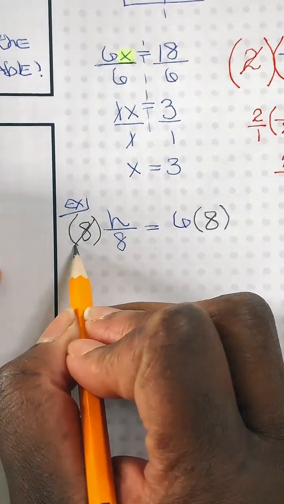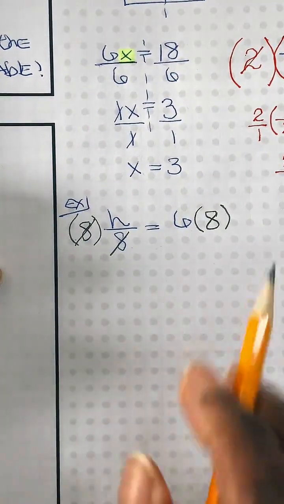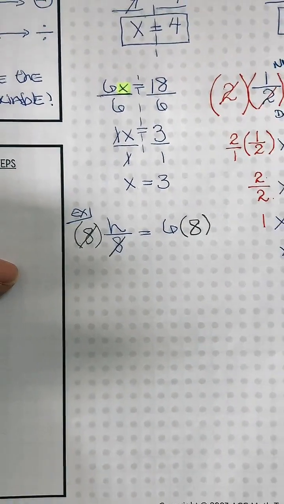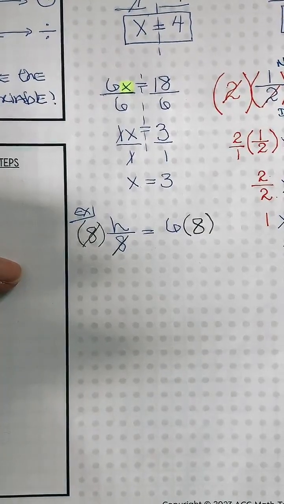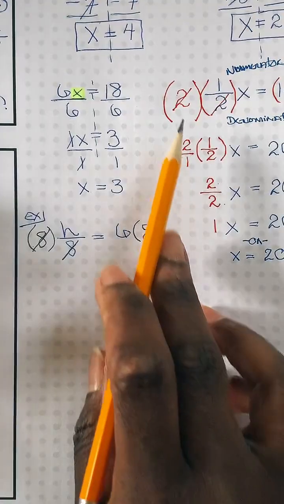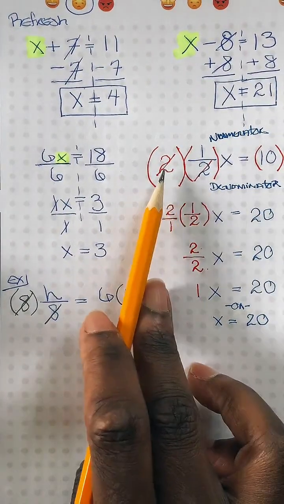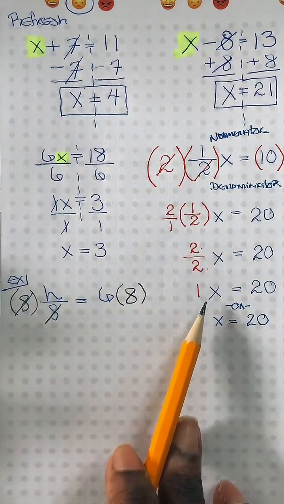So now we got our 8s. They're going to cancel each other out. Remember what we did earlier. When we multiplied both sides by 2, we were able to cancel out the 2s to get that 1x.